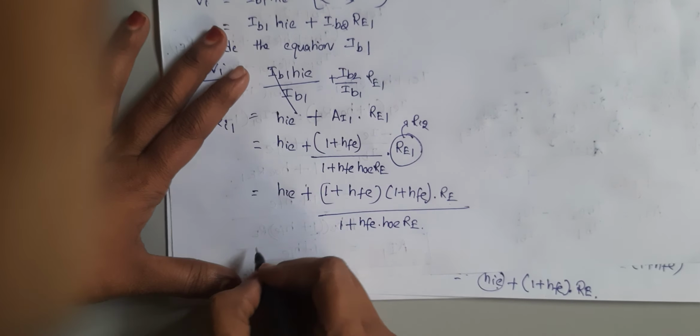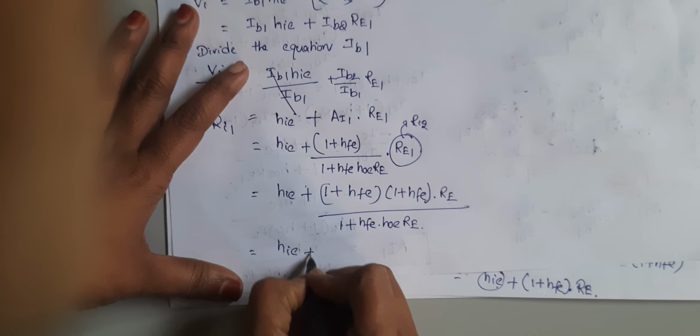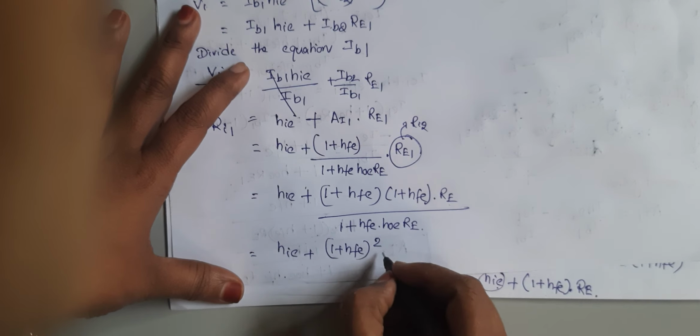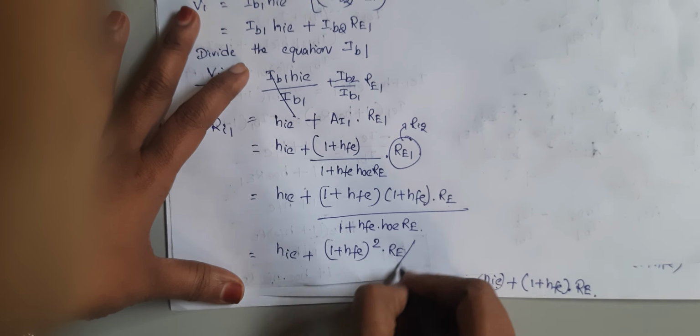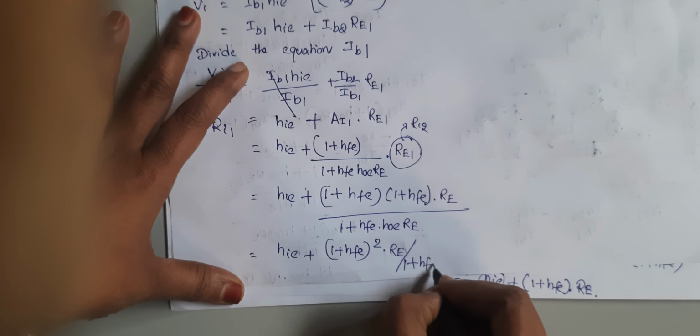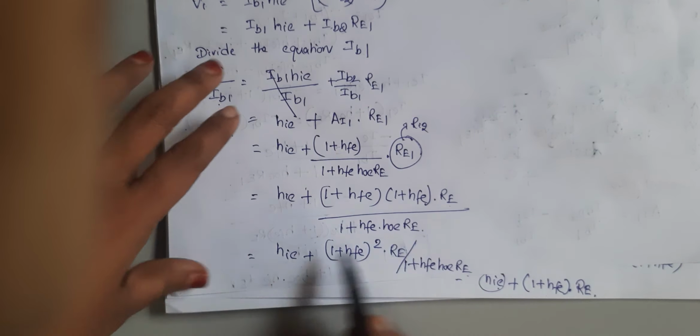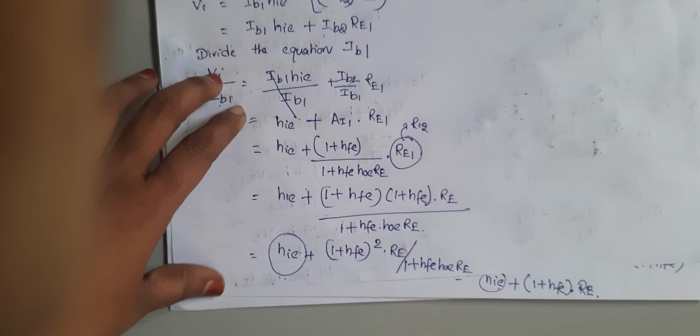Okay. So then the equation becomes HIE plus 1 plus HFE whole square into RE by 1 plus HFE HOE RE. By comparing these two terms, HIE can be neglected.